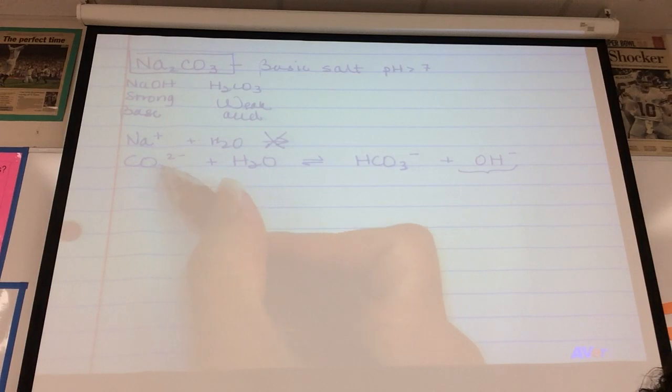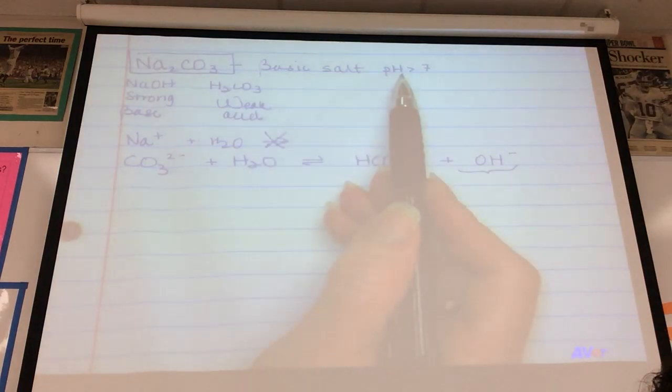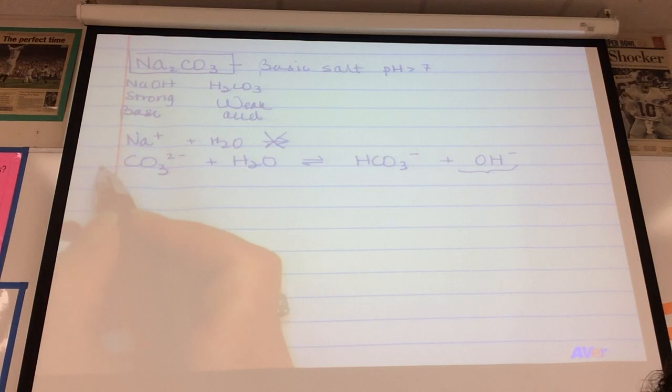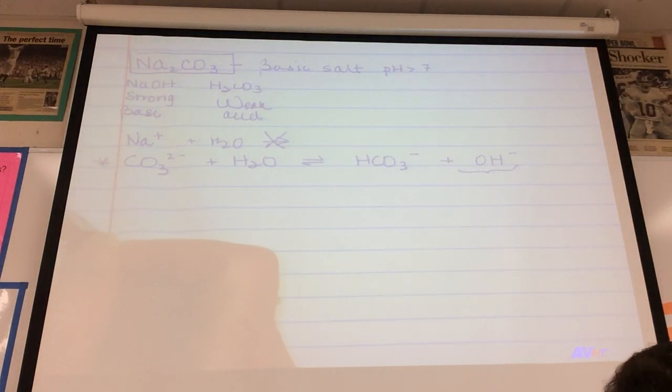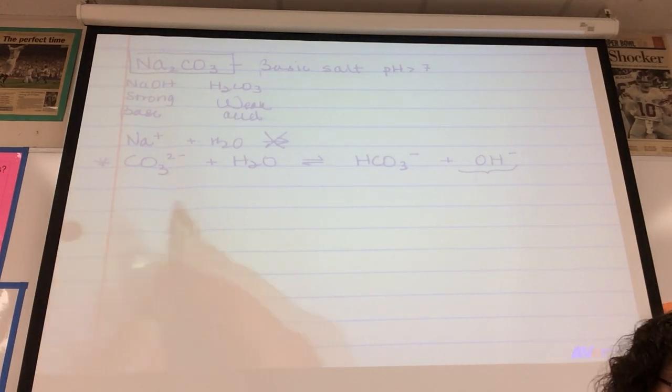So, when the ion hydrolyzes, it generates hydroxide ion, which is indicative of a basic salt with a pH of more than 7. Make sure you're comfortable with this equation in a part 2 scenario. I'm going to skip down to number 3. I probably should flip my order here because there are some additional examples here.